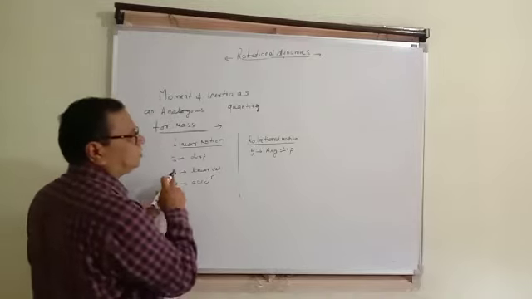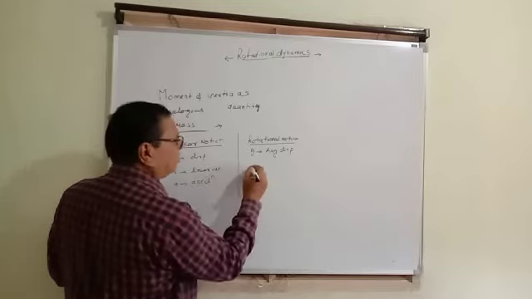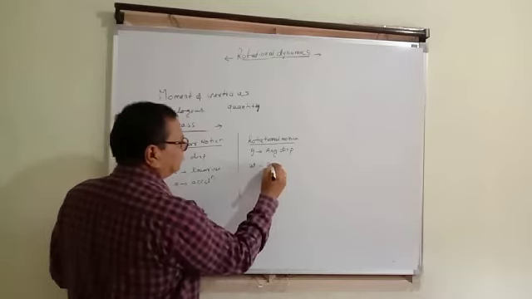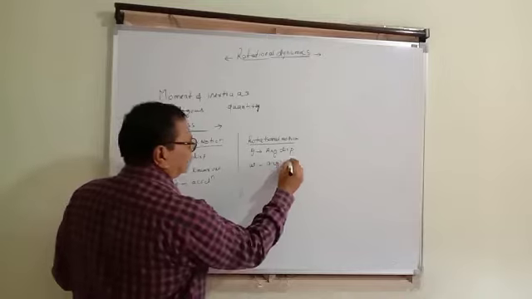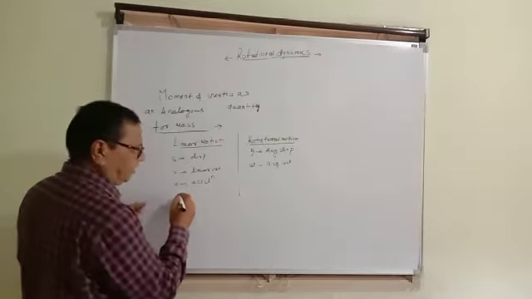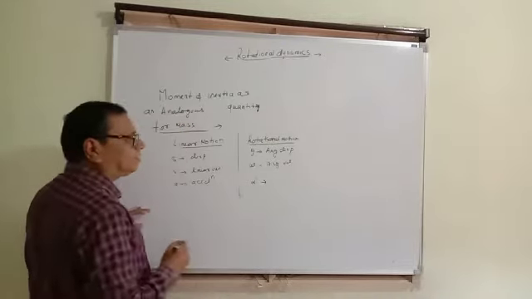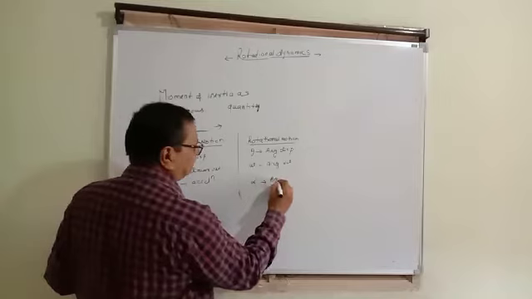Linear velocity is analogous to angular velocity omega. Linear acceleration A is an analogous quantity to alpha, that is angular acceleration.